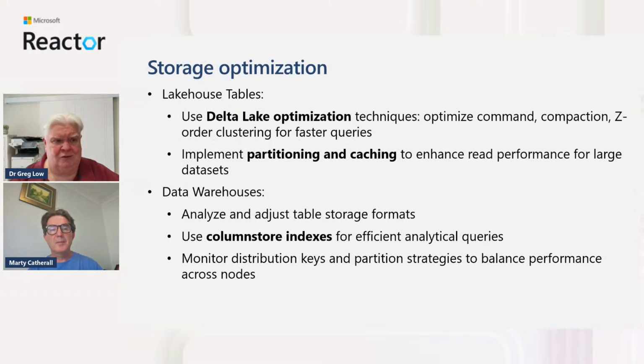And so if you look at storage as an example, with lakehouse tables, a lot of people will come from a Databricks background or be used to building tables in data lakes and so on. So most of that Databricks style optimization, the underlying concepts of all of that are still very much the same.